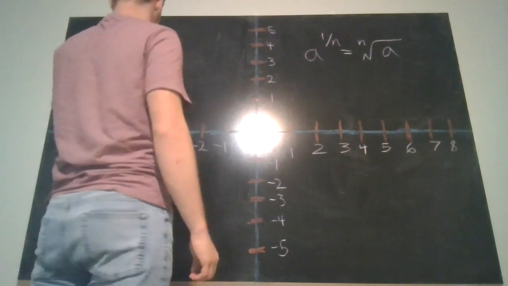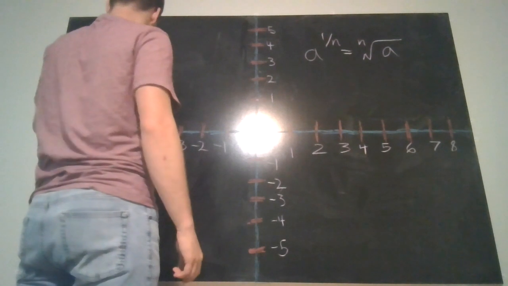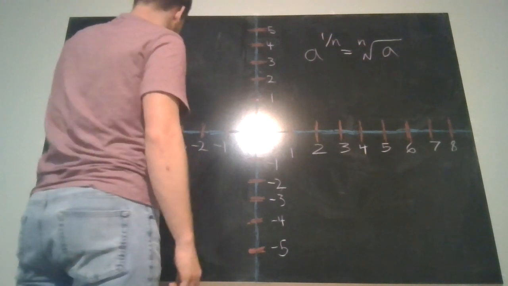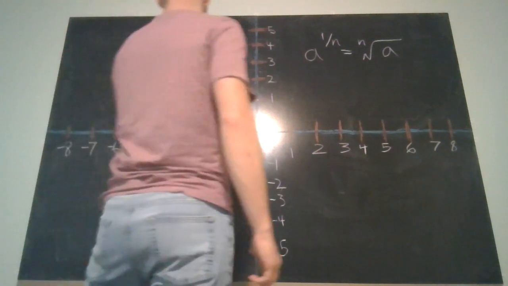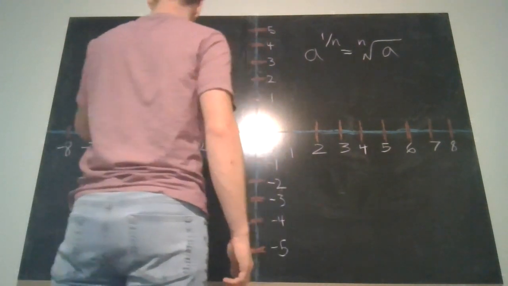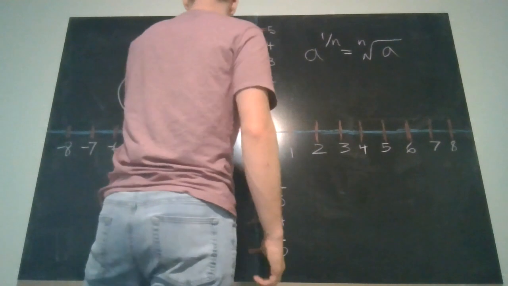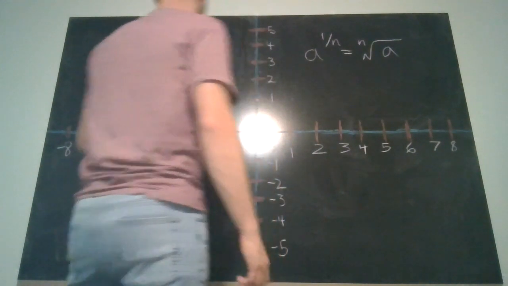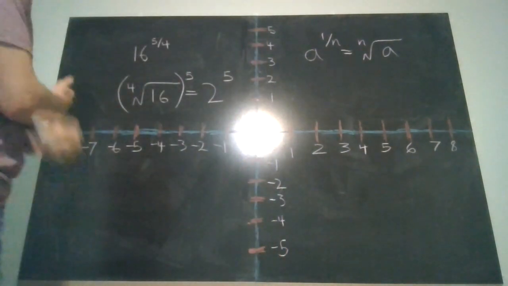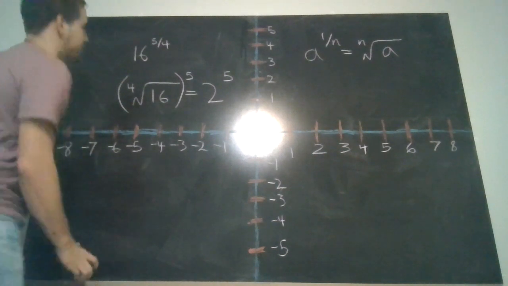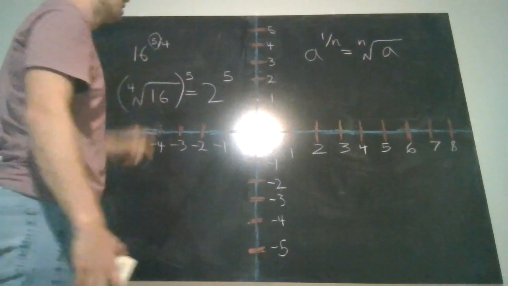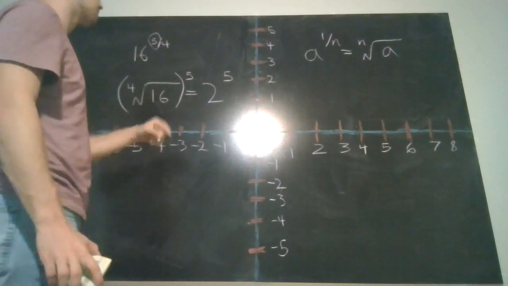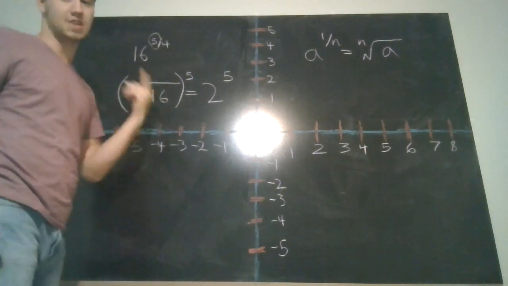This is the 4th root of 16 to the 5th power, which equals 2 to the 5th. So, whenever you do a fractional exponent, with the numerator over the denominator like this, you just take that root of it, and with the numerator, you just raise it to that power.